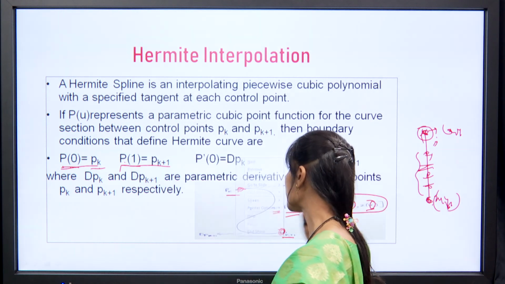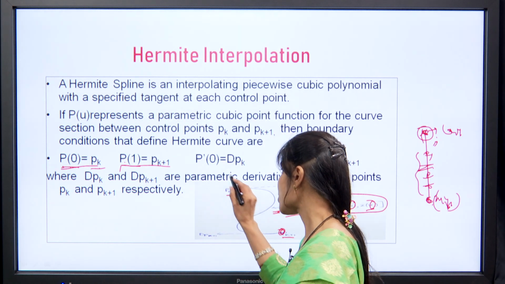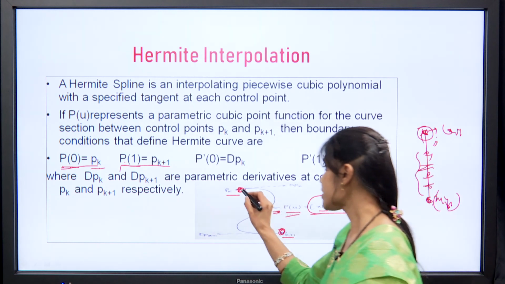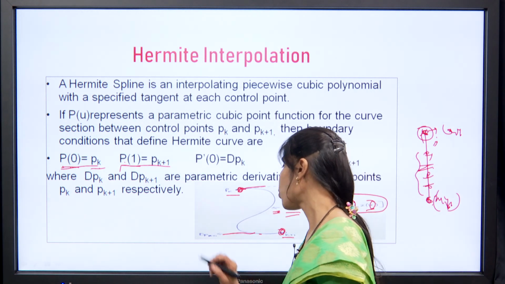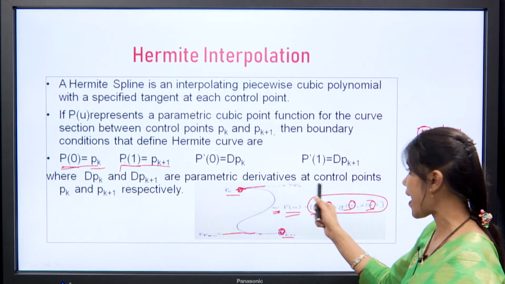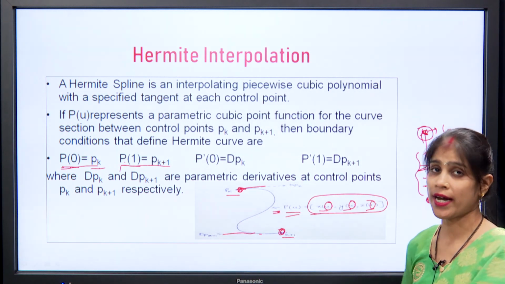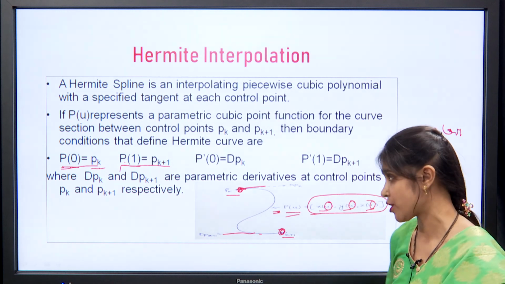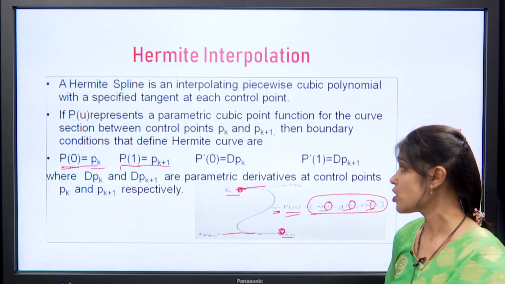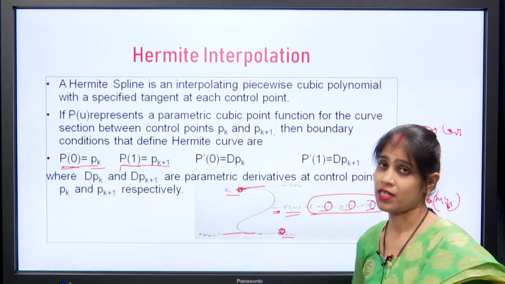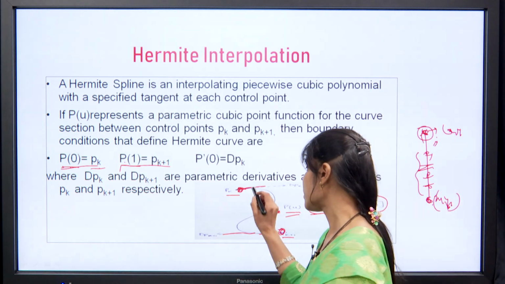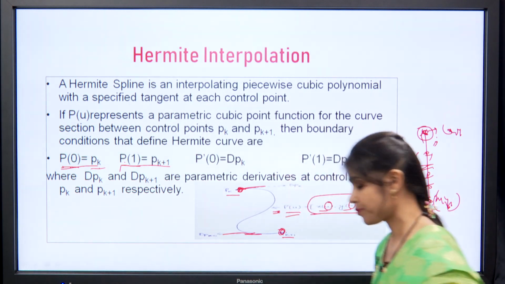The tangents at both points are P dash 0 equals dPk and P dash 1 equals dPk plus 1, where dPk and dPk plus 1 are the parametric derivatives at control points Pk and Pk plus 1 respectively. That means you have to find the derivatives of these.